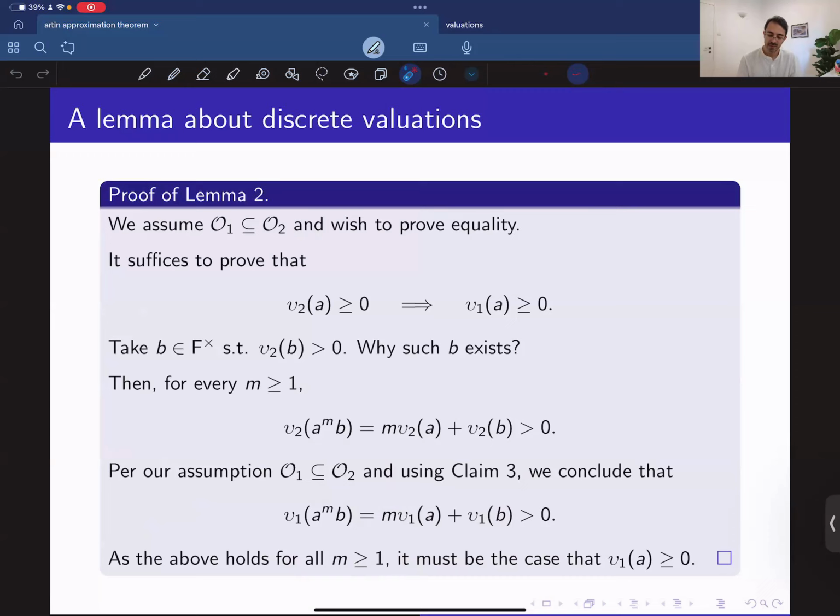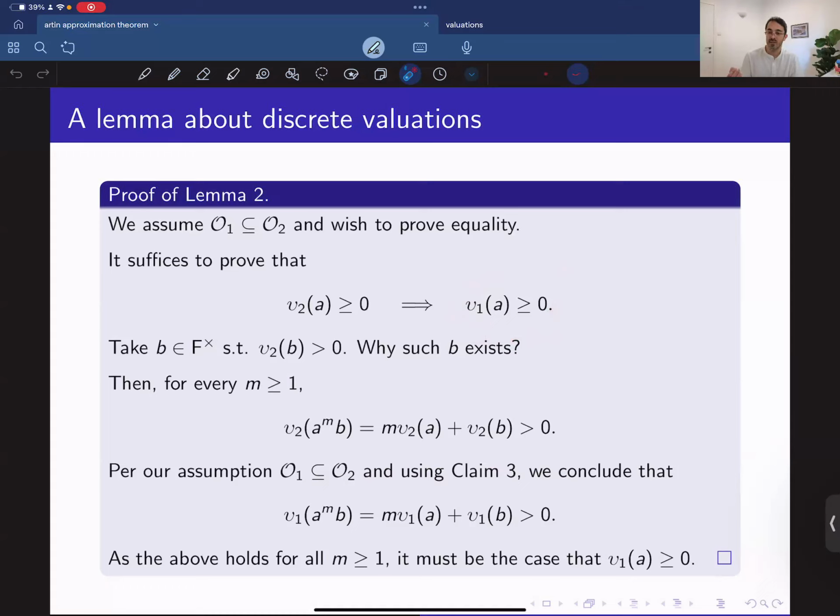Okay, good. Now when you open this thing up, maybe it would have been better to put it on this side, you see that this valuation is M times V1 of A plus V1 of B. And since this holds for every M, it must be the case that V1 of A is non-negative, which is what we want to prove, right?